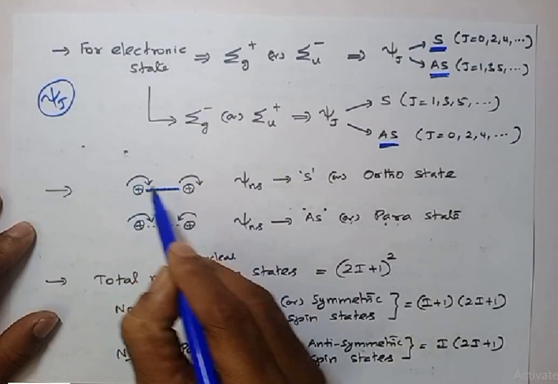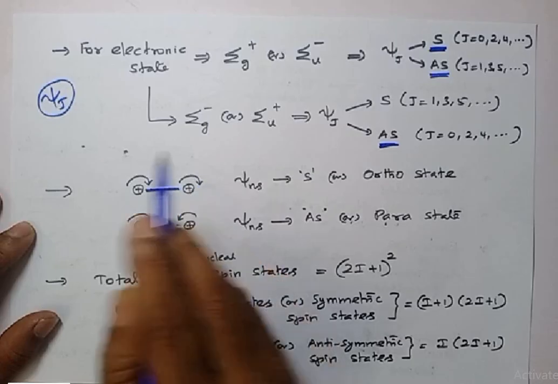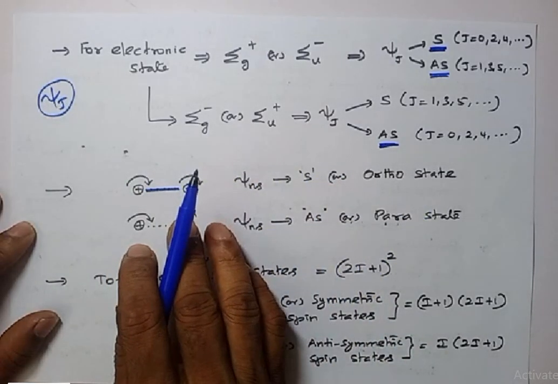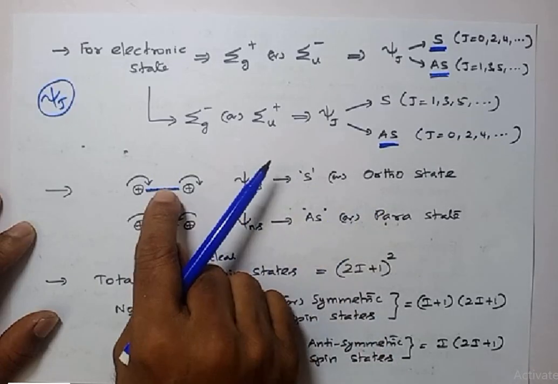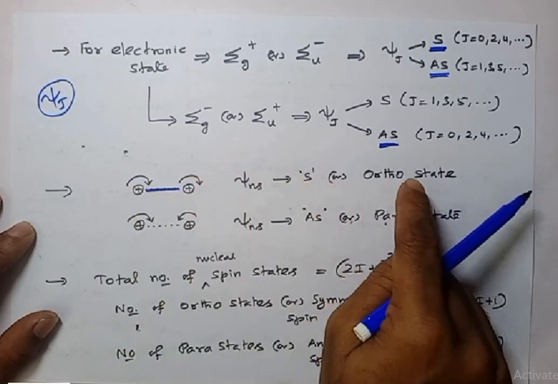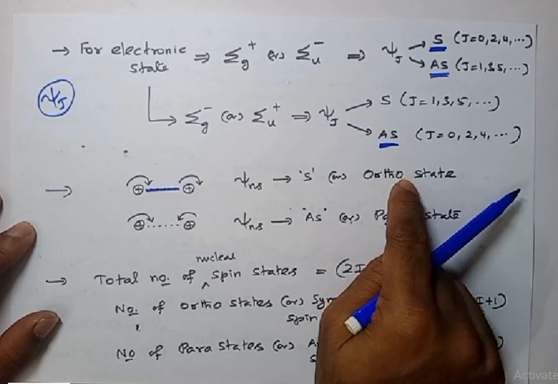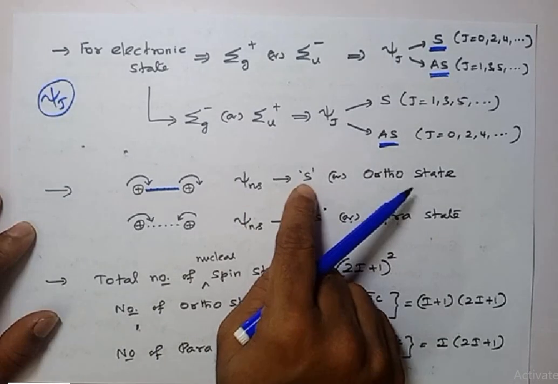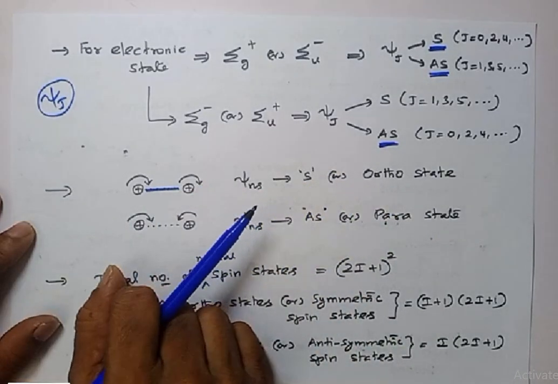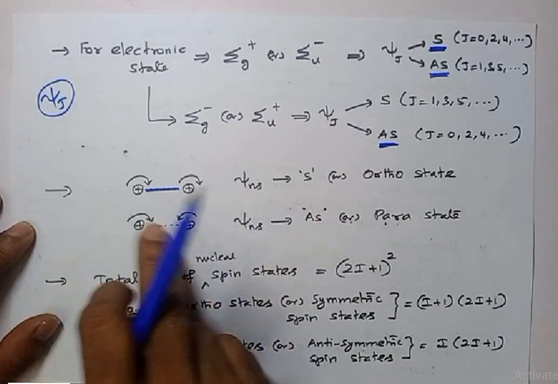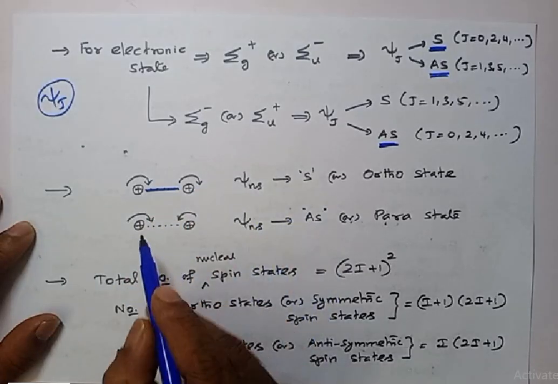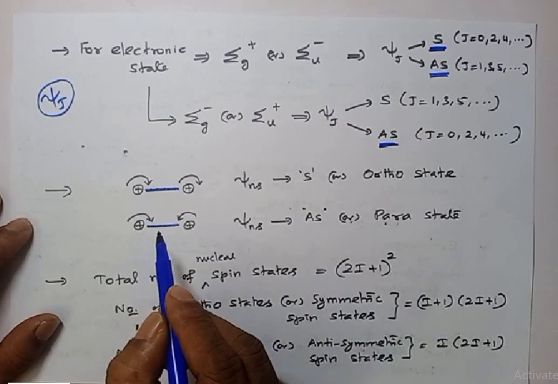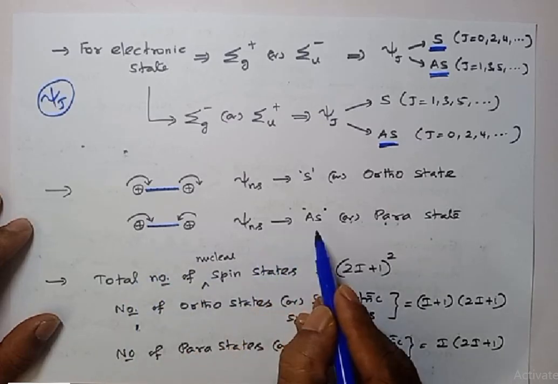If both nuclei spin in the same direction, then we call that state the ortho state, and the nuclear spin wave function is symmetric. It is called a symmetric spin state. If the two nuclei spin in opposite directions, it is called the para state. In the para state, the nuclear spin wave function is antisymmetric.